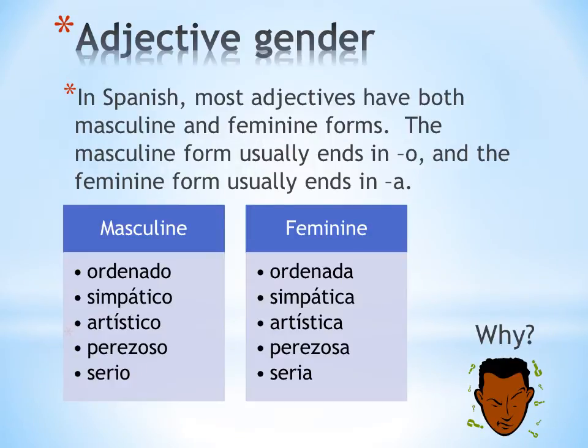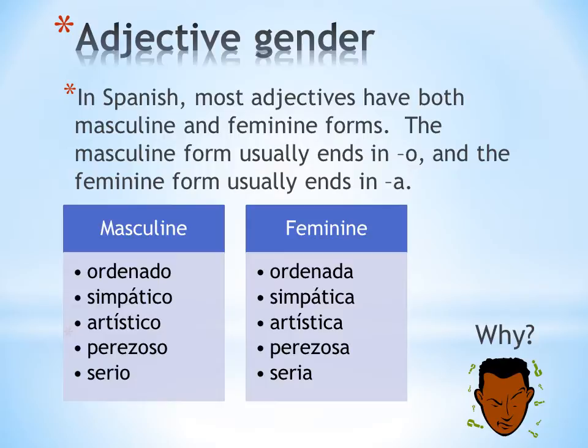In Spanish, it turns out, most adjectives have both masculine and feminine forms. The masculine form usually ends in O, and the feminine form usually ends in A. Here are a few examples that you learned in your last video. Ordenado, ordenada.